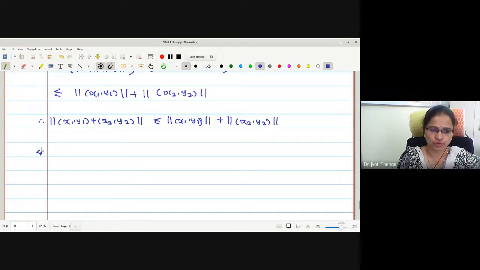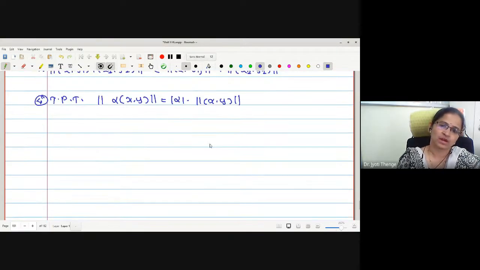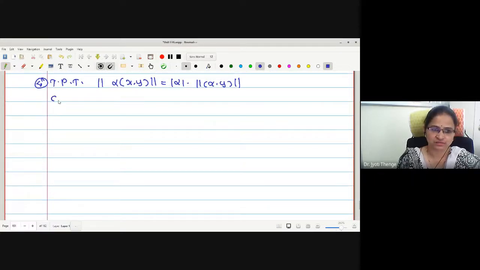Okay, let us go for the fourth property. What is the fourth one? Norm of alpha (x, y). We want to show it equals mod of alpha into norm of (x, y). Easier one, no? Fourth is always easier.